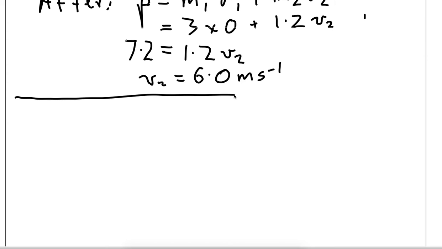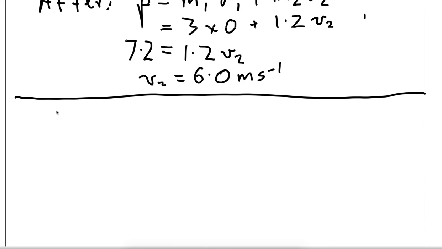Let's have another go. Same diagram, so I won't redraw it, but in this case we're told that the 3 kilogram ball, instead of stopping, ends up with a velocity of negative 0.2 meters per second. Now remember, we've picked right to left as our positive, so negative 0.2 means it's moving off left to right. So the ball has bounced and gone back in the direction that it came from.